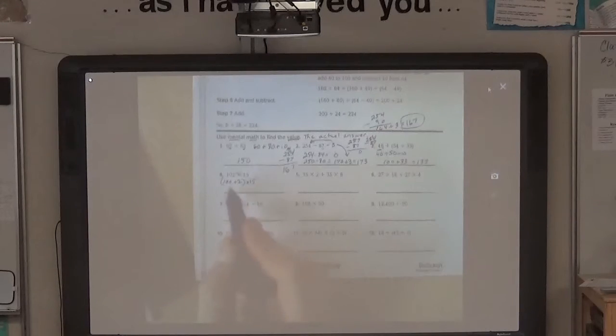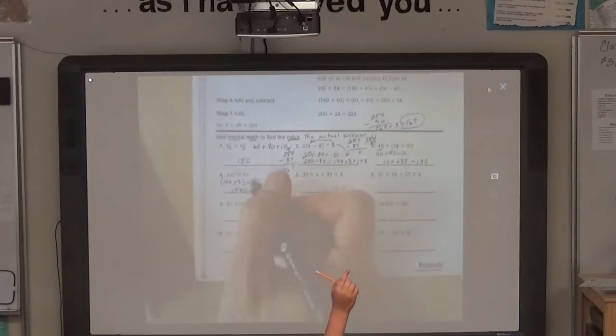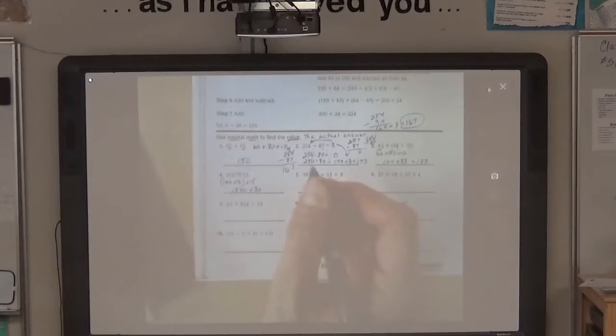So 100 times 15 we could do mentally. What is 100 times 15? 1500. And 15 times 2 we could do mentally. 30. So we're doing 1500 plus 30. You get this one.